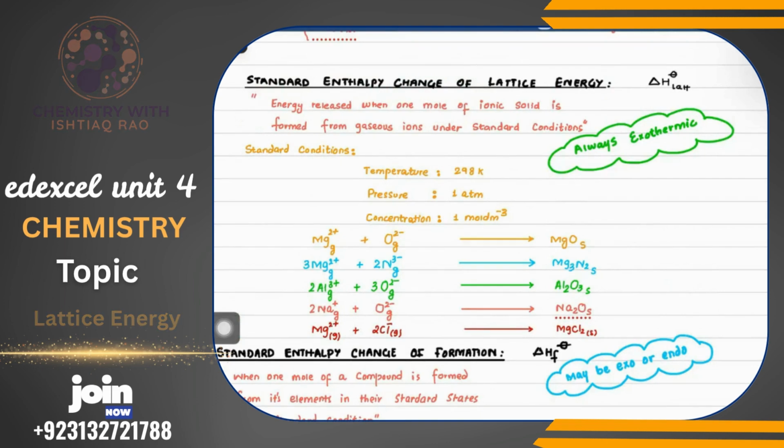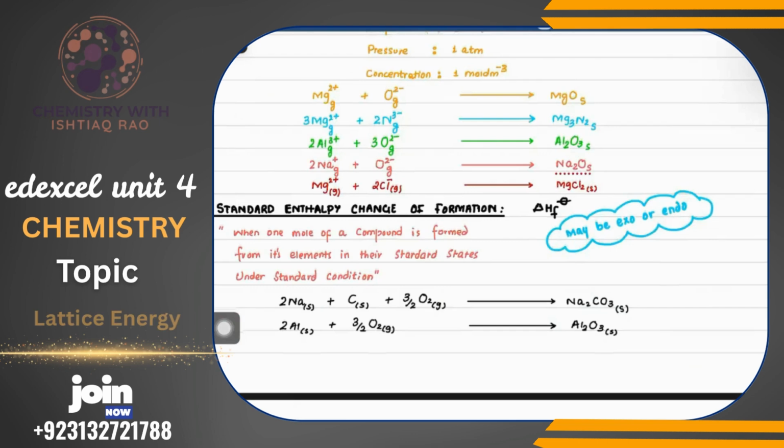Sometimes the examiner will give you an equation and ask about the name of the process. Is that formation? Is that lattice energy? Is that neutralization? Is that atomization? Is that ionization energy? Is that electron affinity? We will be discussing all of these things together, and we must know whether the process is exothermic or endothermic.